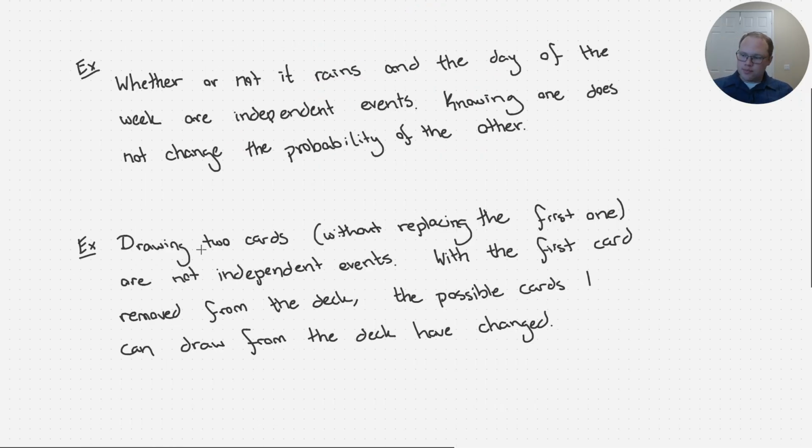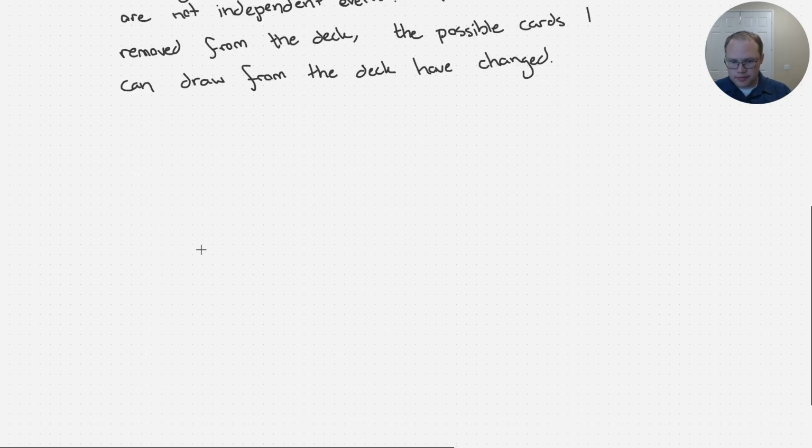So why do we care? Well, it turns out our multiplication rule can be simplified if we know two events are independent. So remember our multiplication rule.